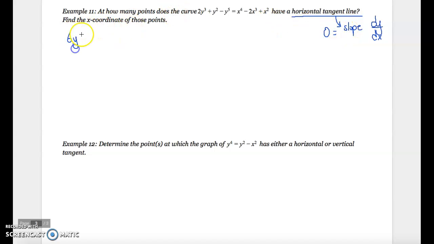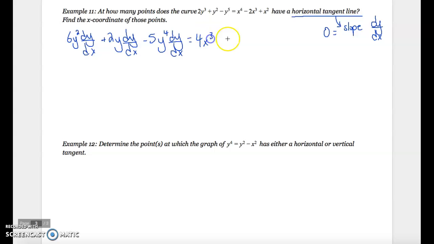So we'll get 6y squared dy/dx plus 2y dy/dx minus 5y to the 4th dy/dx equals 4x to the 3rd minus 6x squared plus 2x.